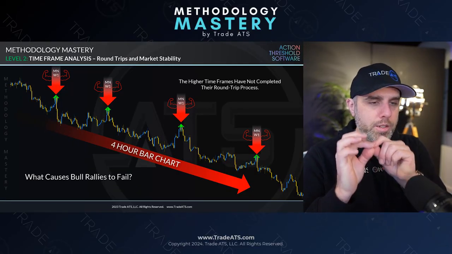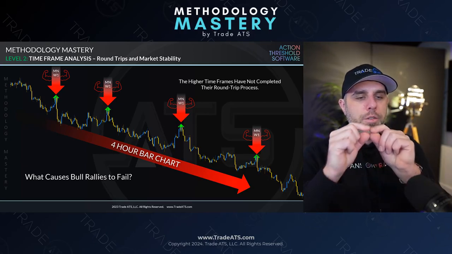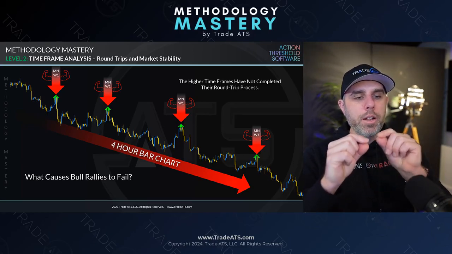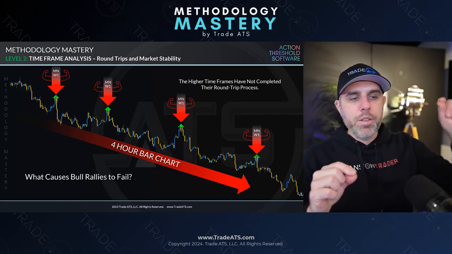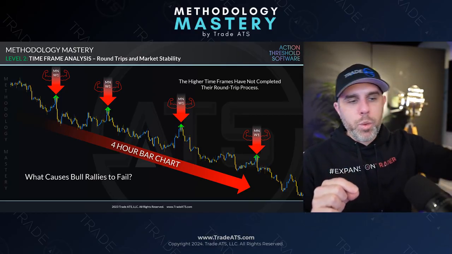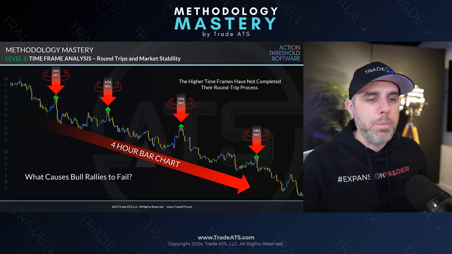So they may buy, but the only way a move is sustained, and I don't have an illustration for this, but I'm just going to try to paint a word picture for you right now, the only way a market is going to sustain a move and never come back is it needs to turn from the 1 minute on the chart, the 5 minute, the 15 minute, the 30 minute, the hour, the 4-hour, the daily, the weekly, the monthly, and so on above that to never come back.